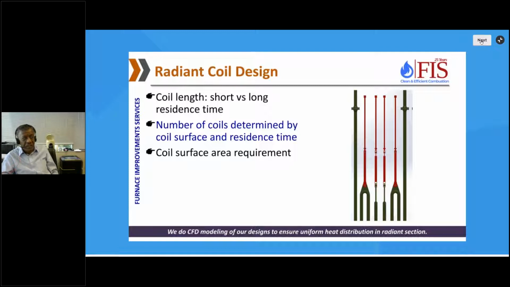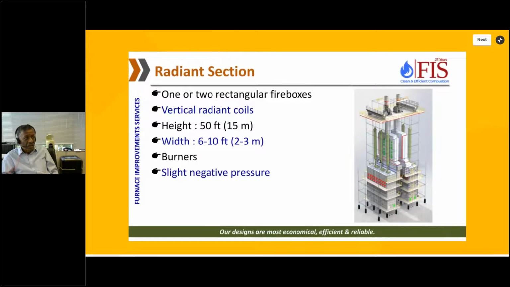The coil surface area requirement and residence time requirement is selected by the diameter of the coil, and the flux decides how much surface area we need. So the coil is designed based on these three parameters. Generally, you will see we have, as I said, two radiant sections combined in a mirror image, vertical radiant coils.